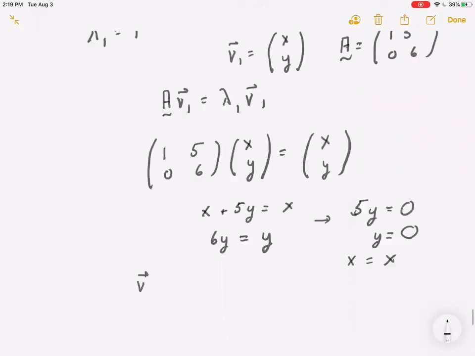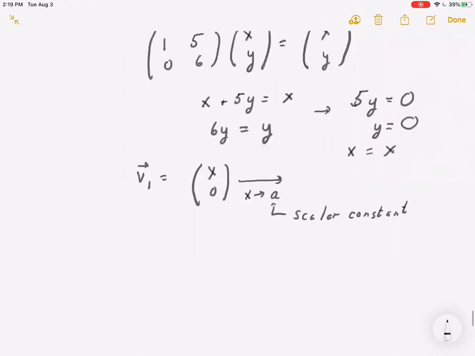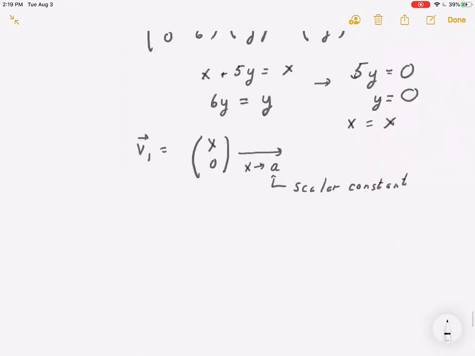So v sub 1 is simply going to be a 2 by 1 matrix that looks like this. And if you replace x by a, this is sort of the standard approach we've been using in solving the eigenvalue problem, I'm going to discover that v sub 1 simply looks like the following.